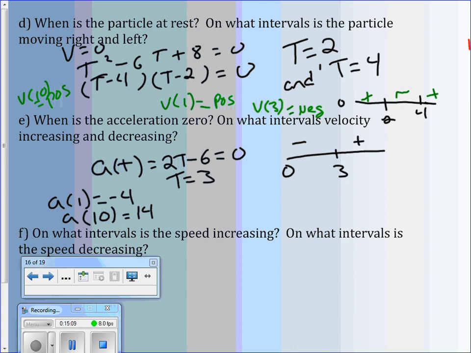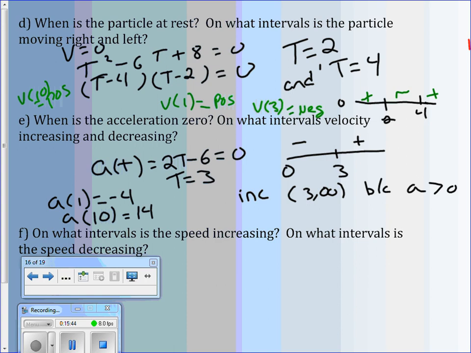So what intervals is the velocity increasing? Well, we know the velocity is increasing when the acceleration is positive. Increasing from 3 to infinity because acceleration, sorry, we did velocity already, acceleration is positive.